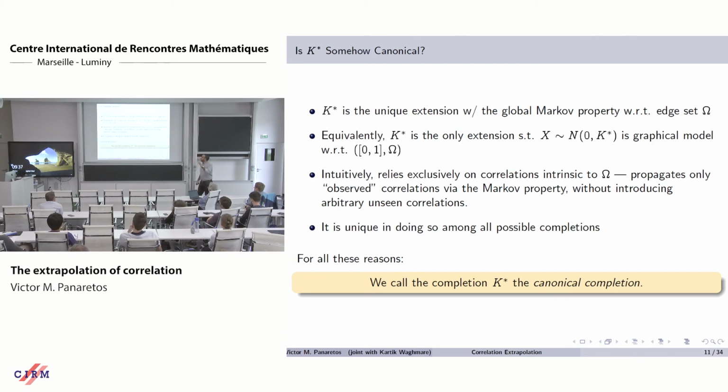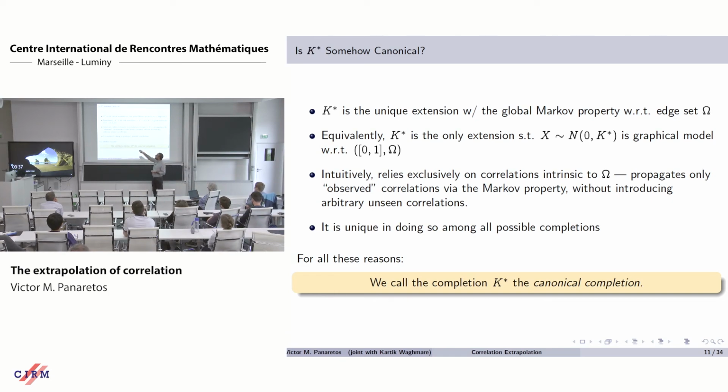Among all possible completions, this completion K star will be the unique one to possess the global Markov property with respect to the edge set given by omega. And those of you from spatial statistics know what I'm talking about. Maybe if you're in high dimensional statistics, I would say that K star is the only extension such that the Gaussian process with that covariance has a graphical model structure with respect to the graph induced by omega.